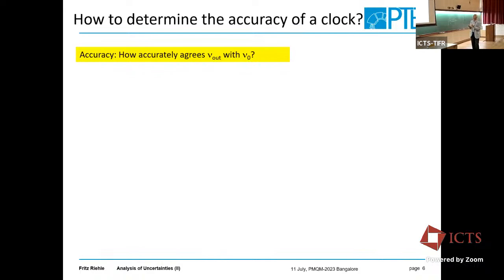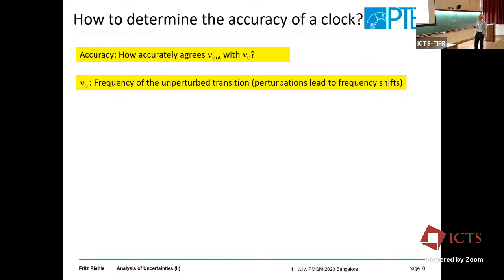How to determine the accuracy of a clock? So as I said, how accurately you know nu naught. The frequency nu naught is the frequency of the unperturbed transition.